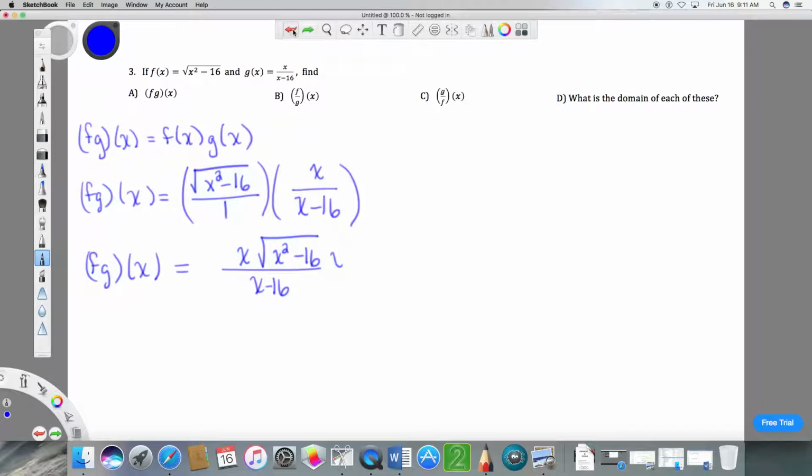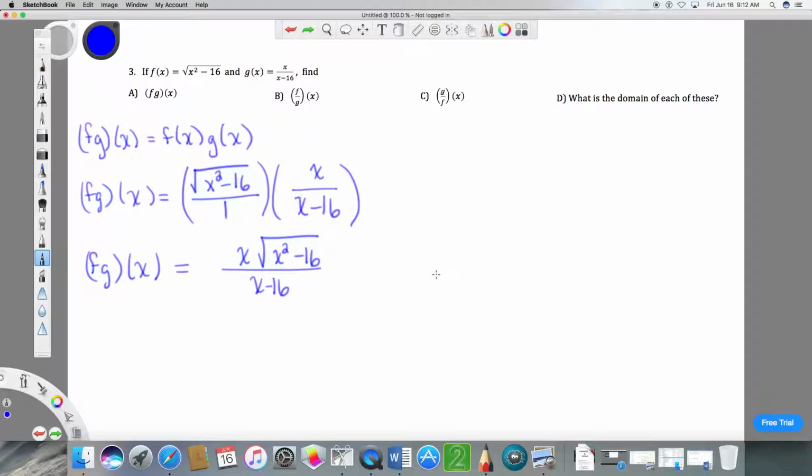So you'll often see textbooks and teachers advise students that you use the commutative property and that you write this x out in front. That's a common thing to do. So there's our final answer for part A.